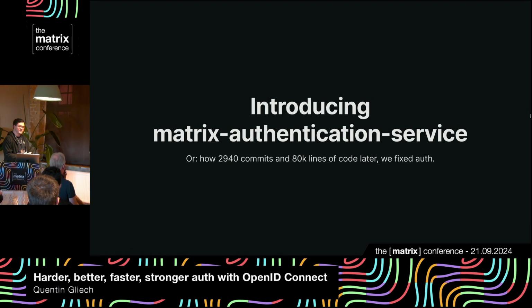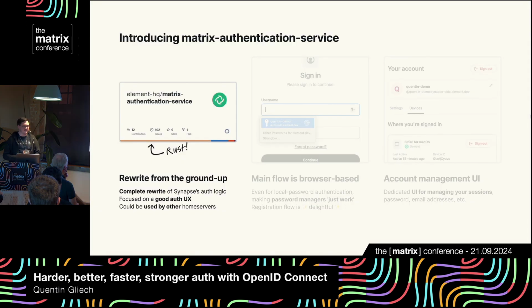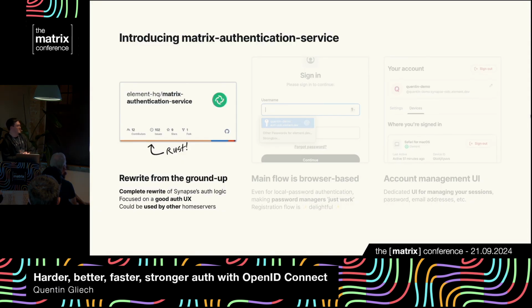Enough talking about spec. Now let's talk about the implementation. Element spent quite a lot of time on a new part of the stack called Matrix Authentication Service. So what is Matrix Authentication Service? I think essentially the first thing that comes to mind for me now is that it's a rewrite from the ground up of whatever Synapse was doing for its auth logic.